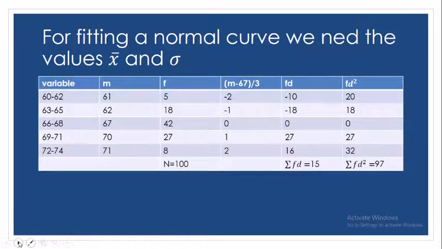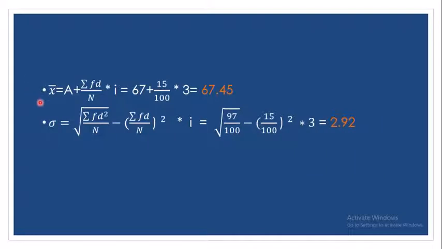Before that I would like to take you to where this is my formula. X bar is equal to A plus summation fd divided by N into I, where I is the class interval or the width, d is the deviations, f is the frequency, capital N is the total number of frequencies, and capital A is the assumed mean.